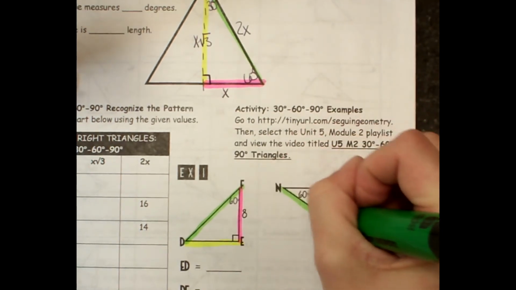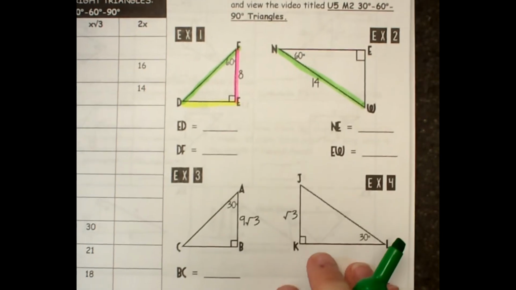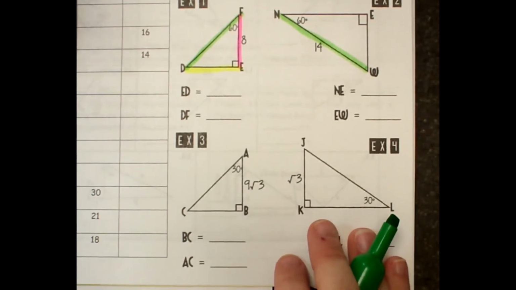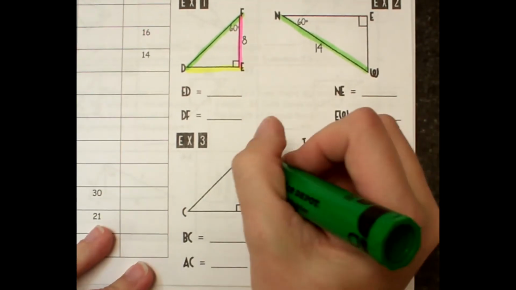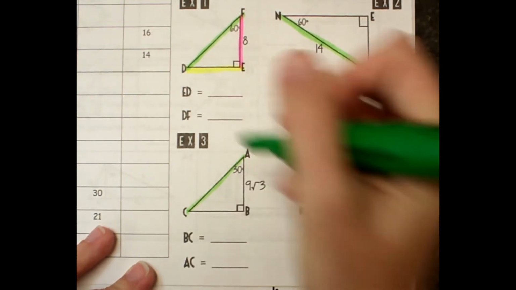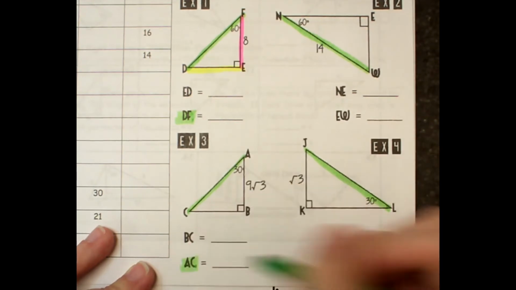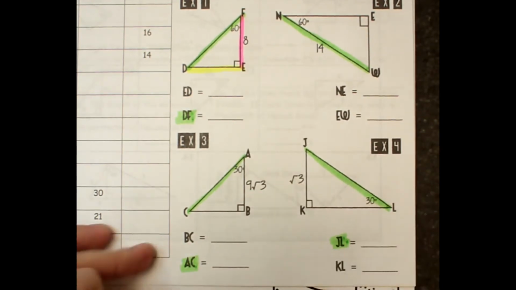This one's my hypotenuse in all your pictures. As we look, this one's the hypotenuse, and this is the hypotenuse. It asks you to find the hypotenuse there, AC and JL.